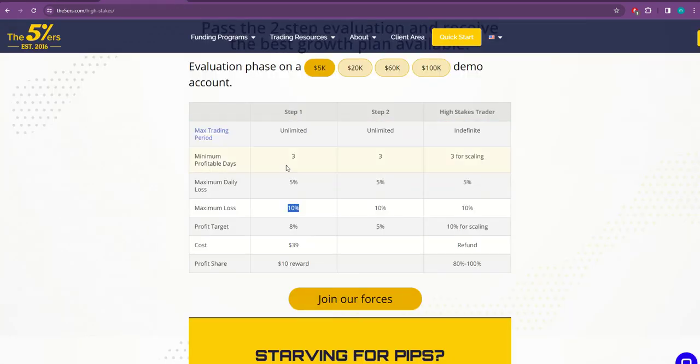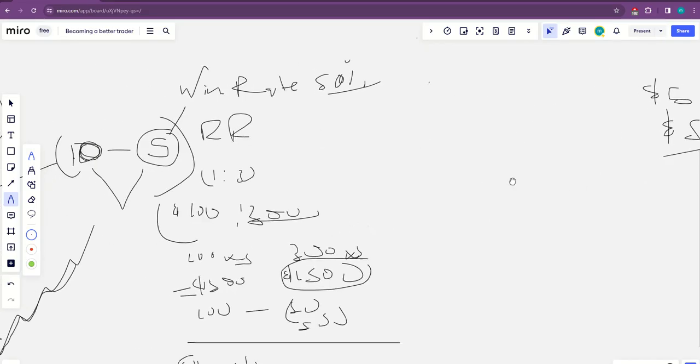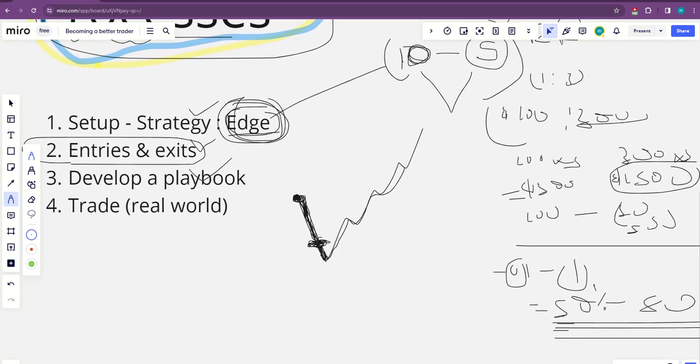But I will still suggest starting with a prop firm challenge because it's cheaper. Imagine if you're going to be doing all this with $100, you lose it, you deposit another $100, you lose it. By the time things start changing, because there's a real beast you have to face that I'm going to mention in a minute, you've already lost $2,000. That's not fair.